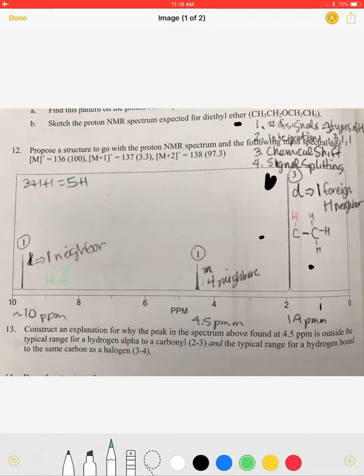And how many neighbors does that have? It's a doublet. It's got 2 peaks there, so that means it's split by 1 neighbor. So that's interesting. So I'm going to say, here's a neighboring hydrogen. And that's within 1, 2, 3 bonds. So that's going to split it once. Okay, so that looks good.